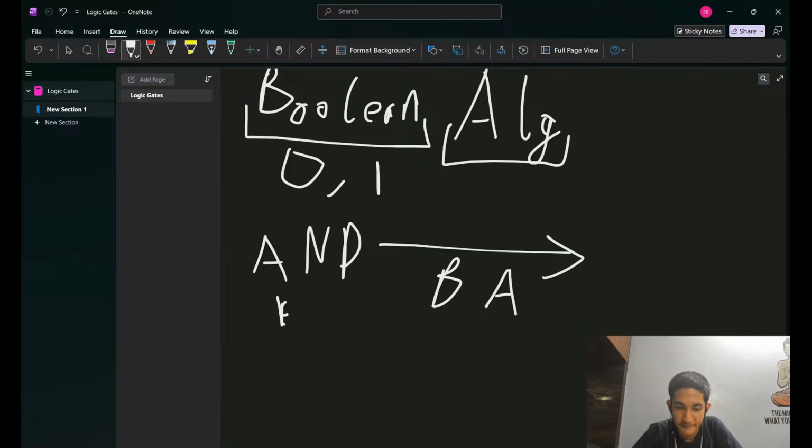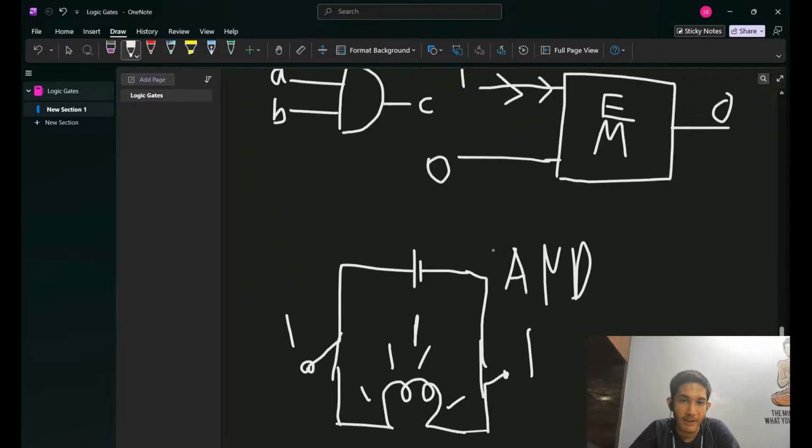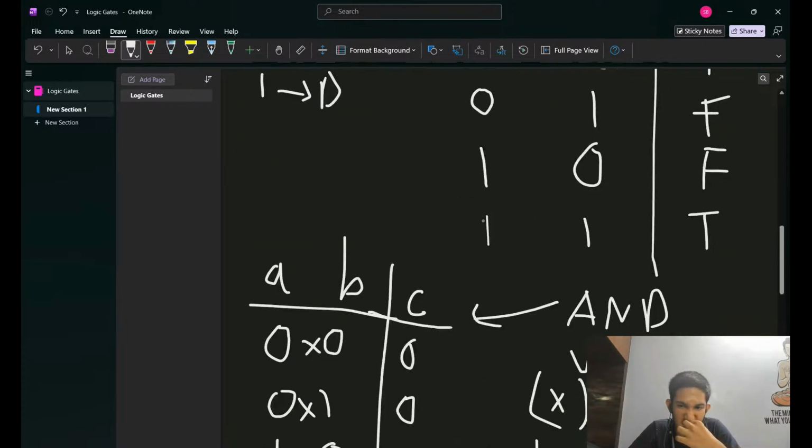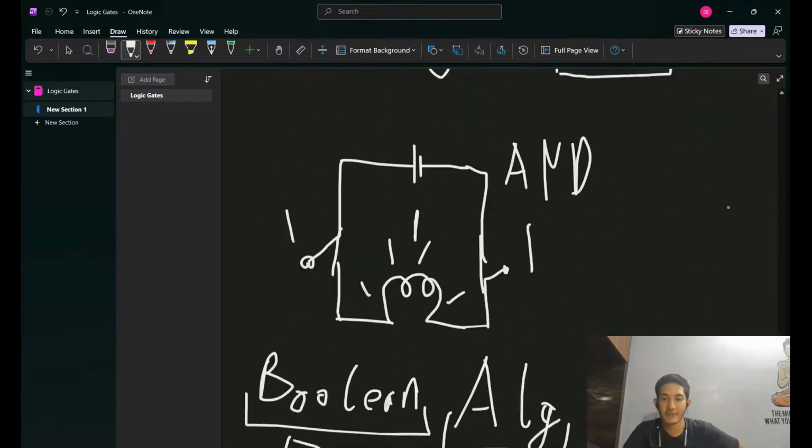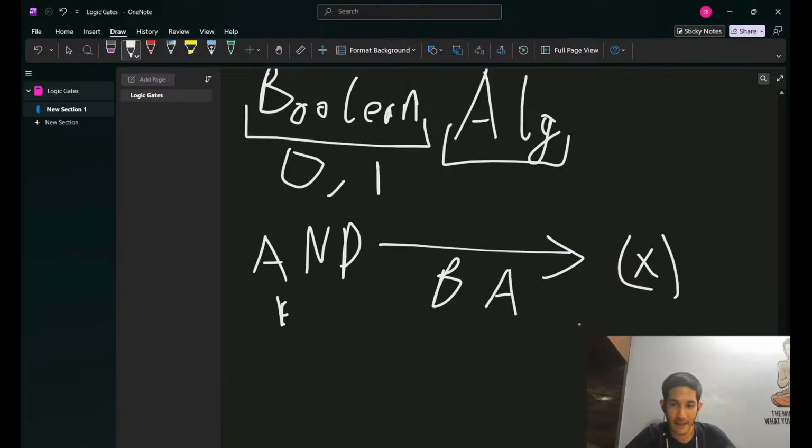If you remember, I think most of you joined late, so let's recap. It's multiplication because it checks if both numbers are one, else it will give zero, right? This is very similar to multiplication in maths. If you have zero times some number, you will get zero. Okay, so we're just going to say it as AB.